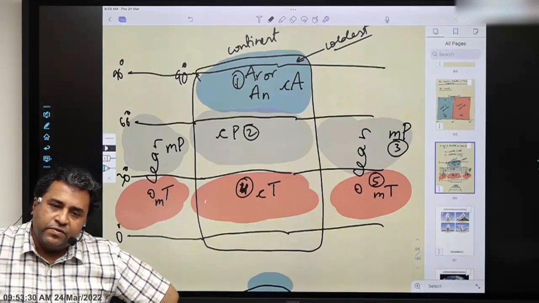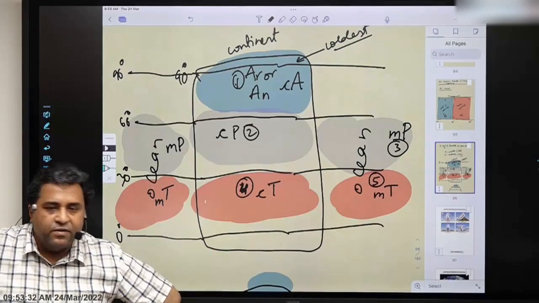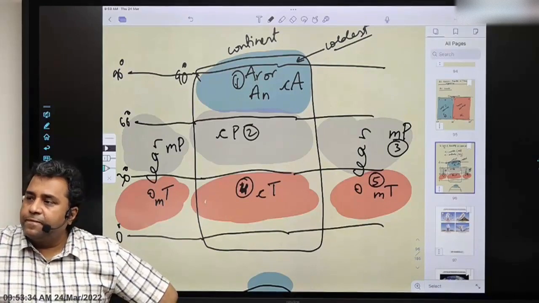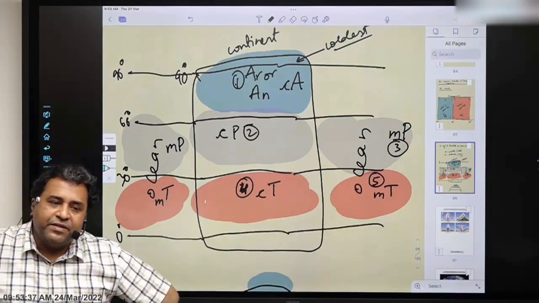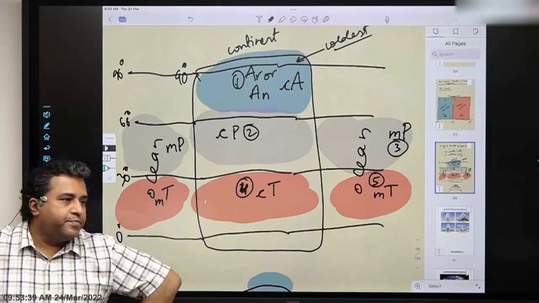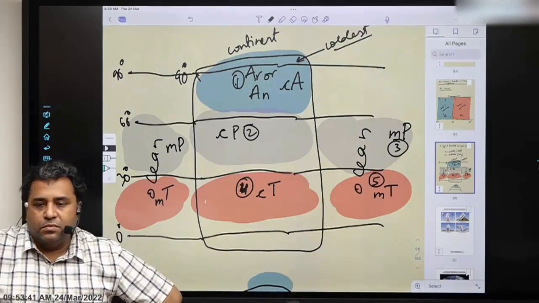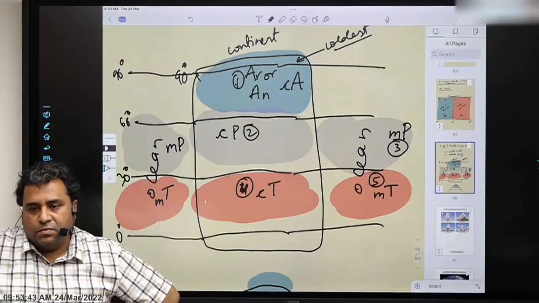Lesser the chance of the air crossing the front, right? Air crossing the front and mixing in the other air mass. Full stop.